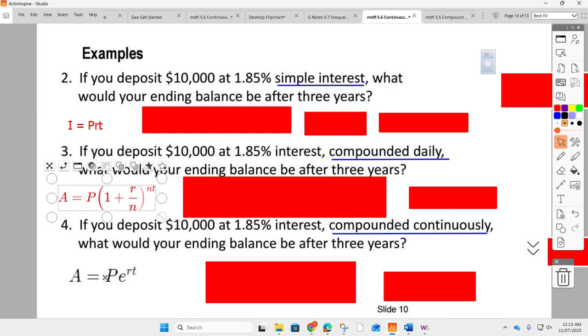So that's really the most important thing you have to be able to do. You have to be able to look at a problem and go, okay, I need to look for this formula. Okay, I need to look for this formula. You need to know what parts of the formula are represented here.